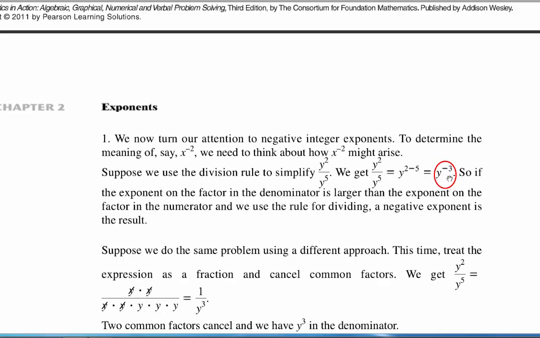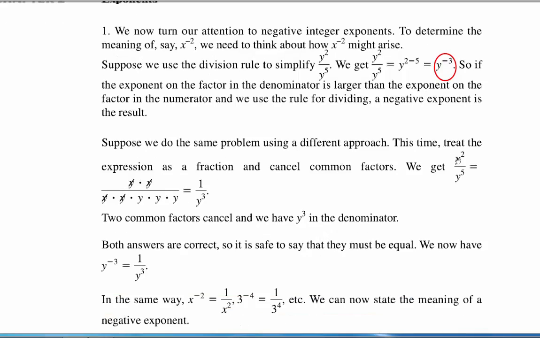Now, I really don't like to leave my final answers with negative exponents, so how do I handle this negative 3? Let's take a look down here. If we wrote out the common factors and canceled, y squared becomes simply y times y on the numerator. Y to the fifth would be y times y times y times y times y, 5 times.